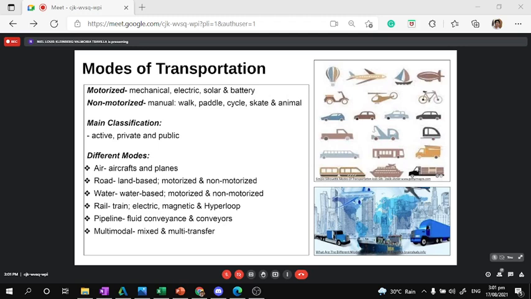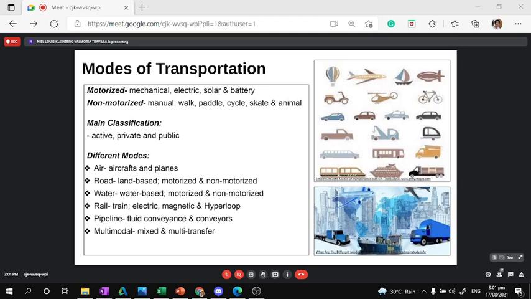So jeepneys, multicabs, taxis, those are public transport. Buses also fall under public transport. Private will be individual cars, motorcycles that are private. Okay? So those are by classification.